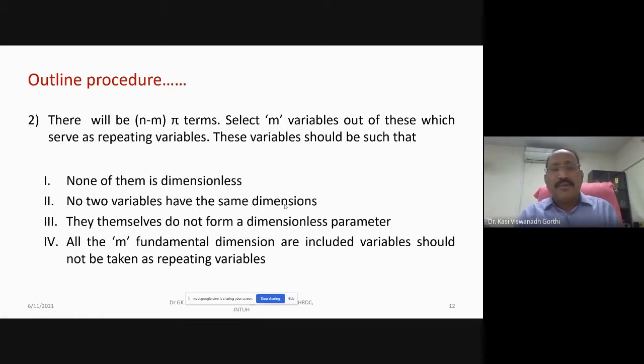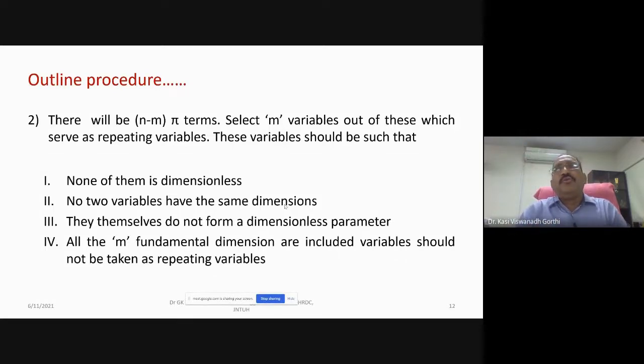In the previous problem, Q, D, G, H, rho and mu are the parameters. What is H? Head of water, in meters, so its dimension is L. Similarly, D, the diameter of the orifice, also has the dimension of L. So you should not choose two repeating variables having the same dimension.